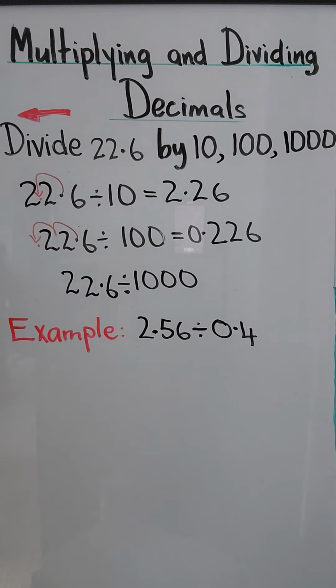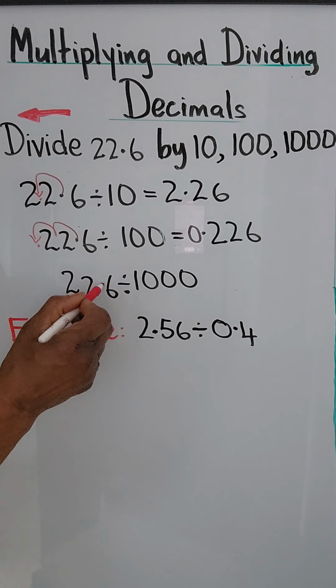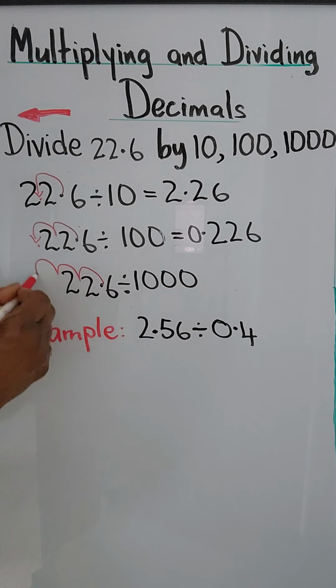22.6 divided by 1000, 10 to the third power, so 3 places to the left. 1, 2, 3. There's no number right here, so we're going to put a 0 as a placeholder.